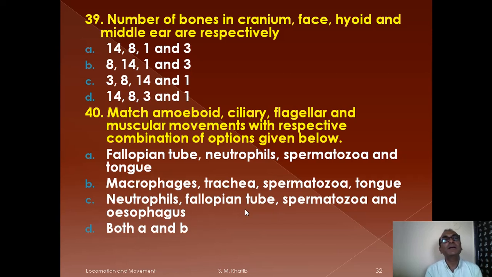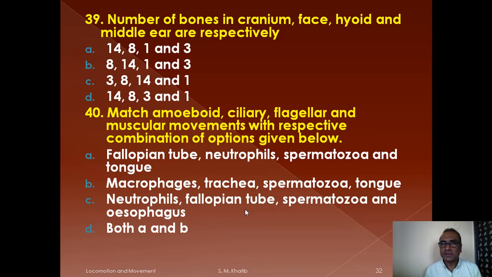Question number 39, number of bones in cranium, face, hyoid and middle ear are respectively. So you have to see in correct order only. The options given are A, 14, 8, 1, 3, B, 8, 14, 1, 3, C, 3, 8, 14, 1, D, 14, 8, 3, 1. Now we know that the cranial bones are 8 in number. Facial bones are 14 in number.